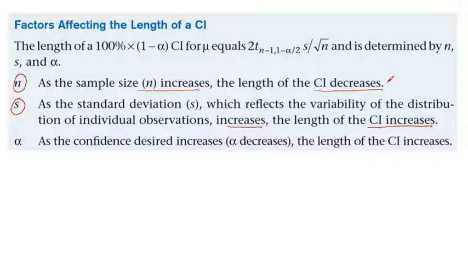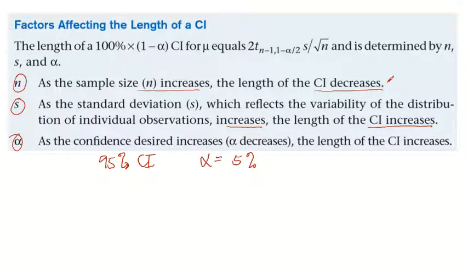So the less precise it will be. And what about for your alpha? Okay? So remember, our alpha can be 5% for a 95% confidence interval. As the confidence desired increases, so let's say we started from 95% confidence. What will be our alpha here? Our alpha will be 5% or 0.05.